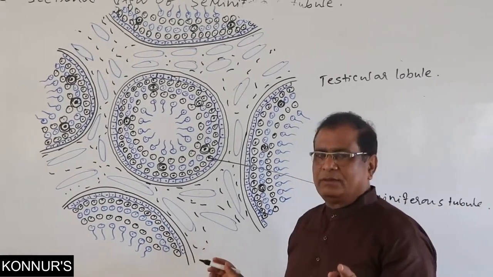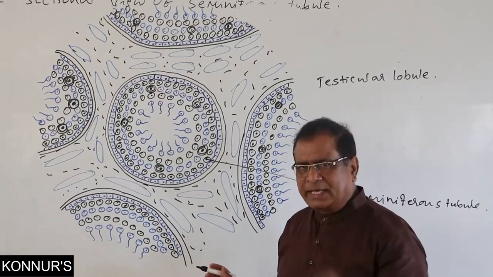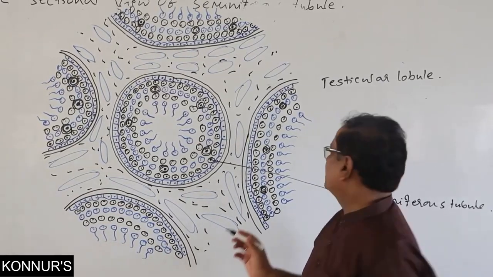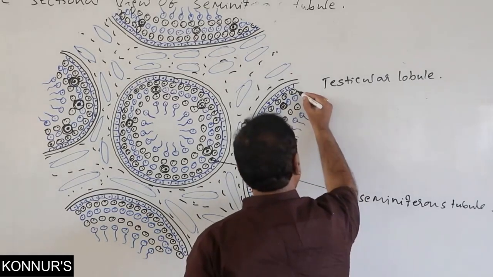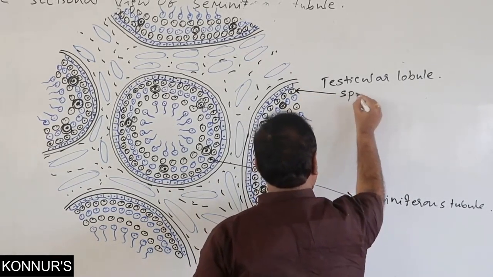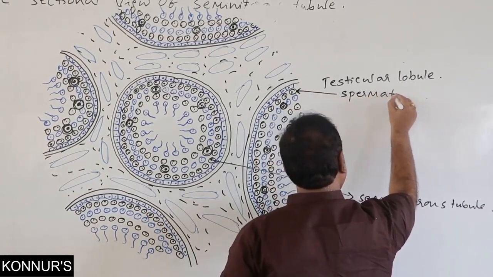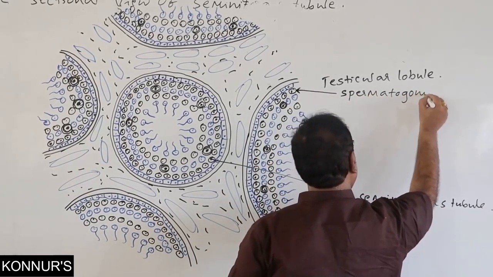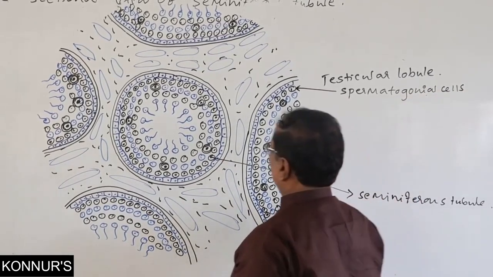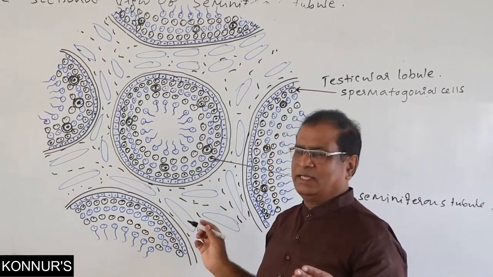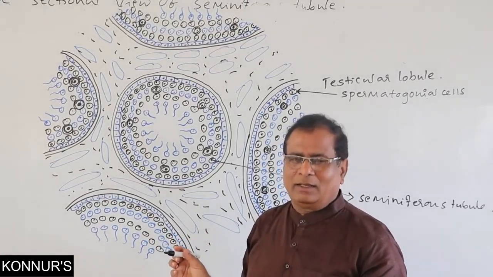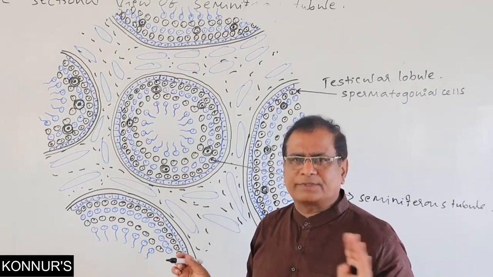We know that there are two types of cells in seminiferous tubules. Those are spermatogonial cells. Spermatogonial cells are germ cells. They only undergo spermatogenesis and produce sperms.